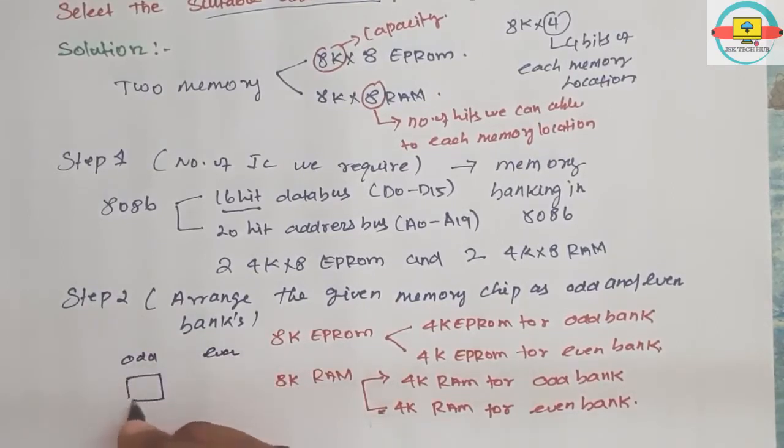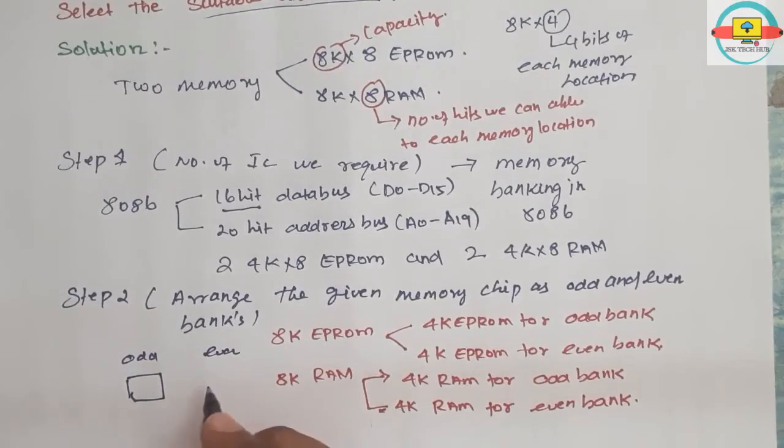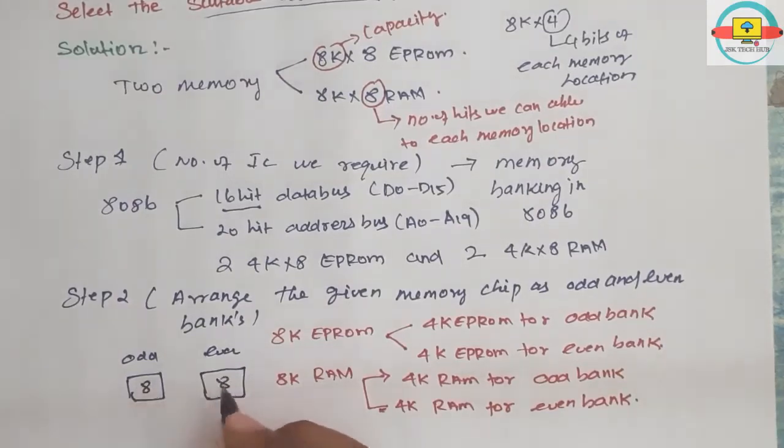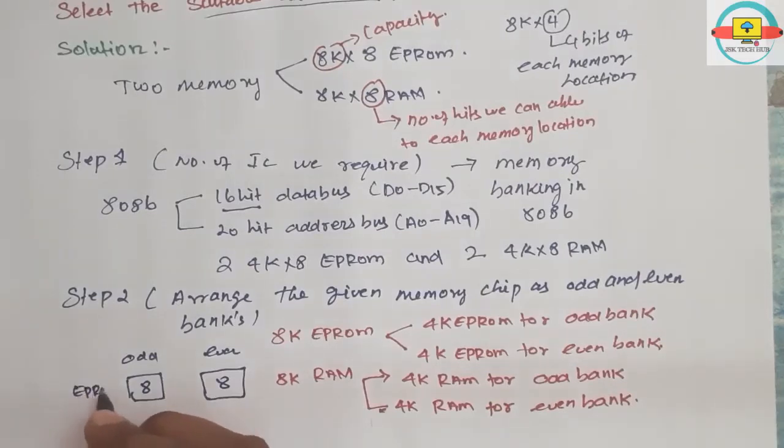Here we can store 8 bits of information in the odd bank and another 8 bits of information in the even bank. This is for EEPROM memory, and another odd bank is available for RAM memory, where we can store 8 bits of information. In the even memory we can also store 8 bits of information.